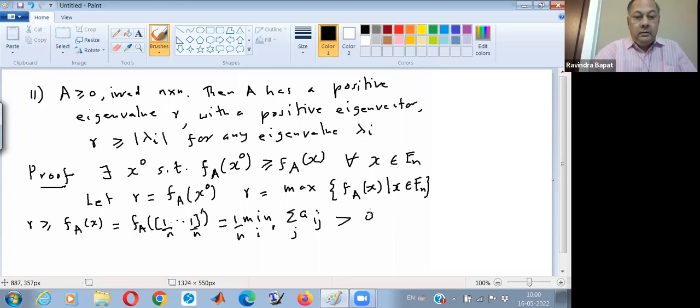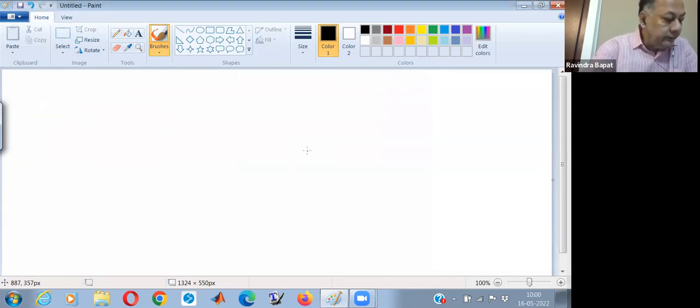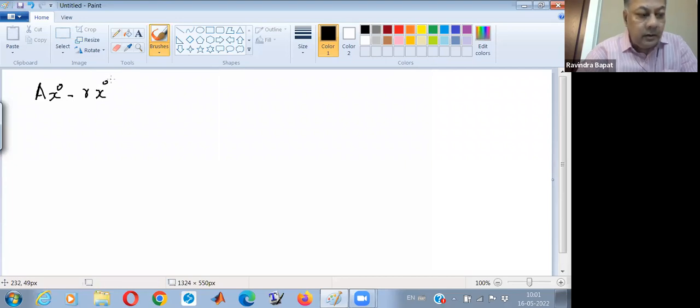Okay. Now to show that R is an eigenvalue, I'll just use the earlier results. So now we will start with the fact that Ax naught minus Rx naught is greater than or equal to 0. That we know.